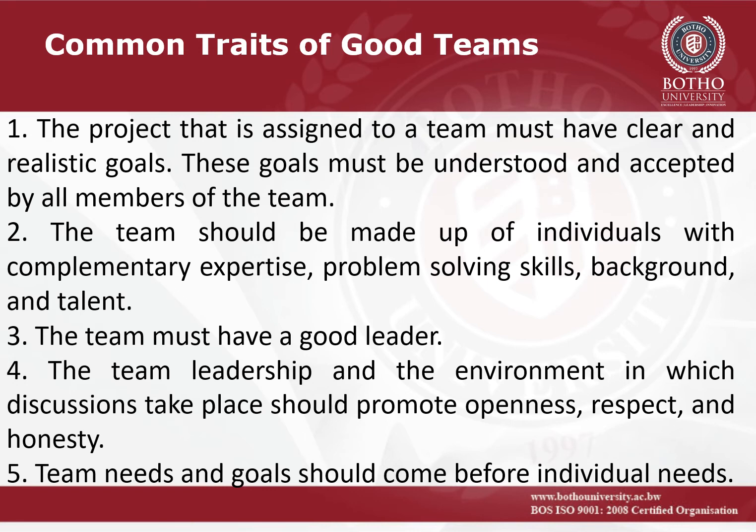3. The team must have a good leader. 4. The team leadership and the environment in which discussions take place should promote openness, respect, and honesty. 5. Team needs and goals should come before individual needs.